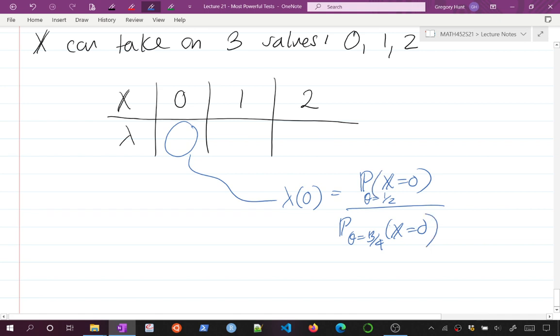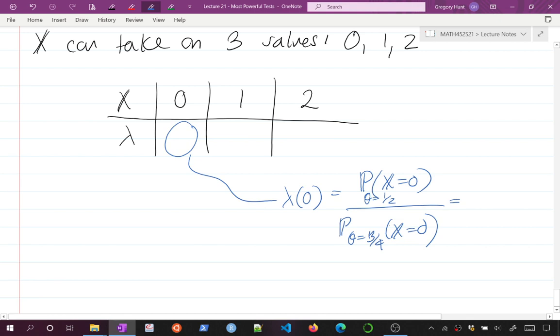And you can think about why that's the correct likelihood. In all cases, the likelihood is just the joint distribution. In the discrete case, it's just the joint PMF, and so the PMF is just the probability. And so that would be our LRT statistic when x is 0. And you could calculate this.